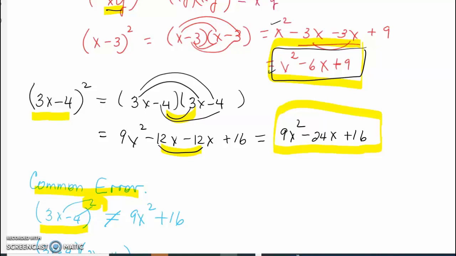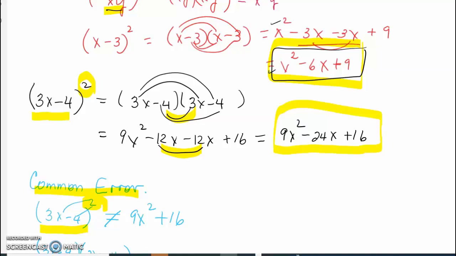Again, this is the square of a binomial, which means you have to multiply 3x minus 4 times itself. Again, we distribute 4 times, and collecting like terms here, you wind up with 9x squared minus 24x plus 16.